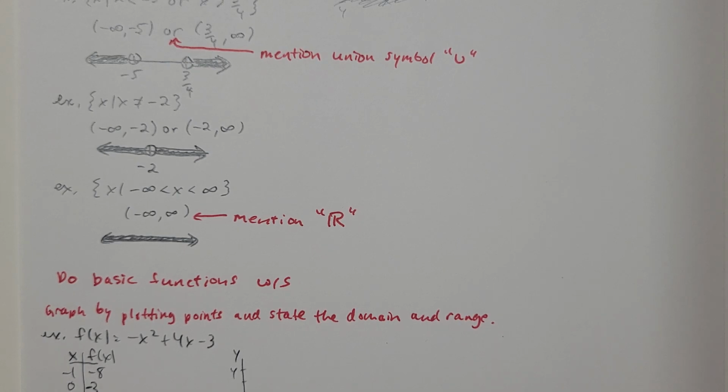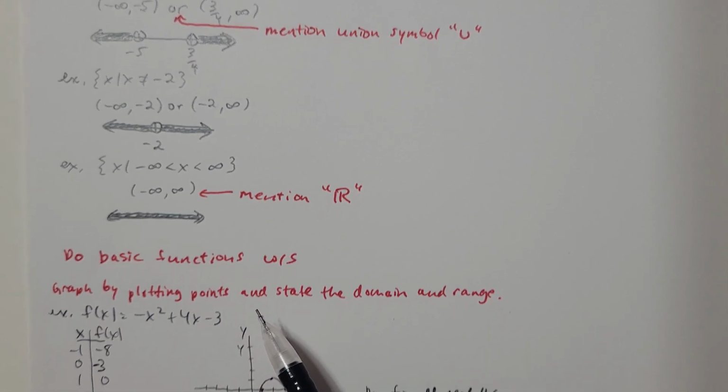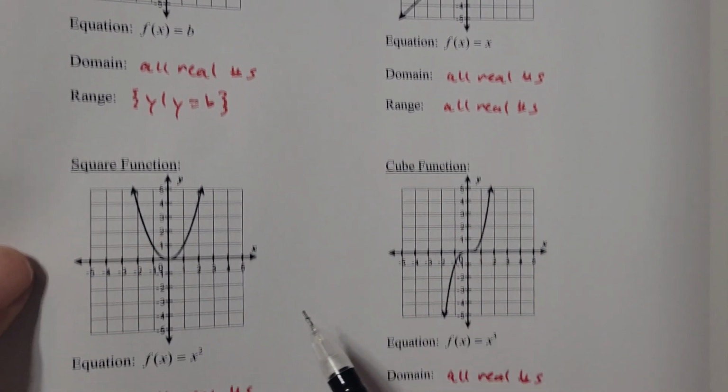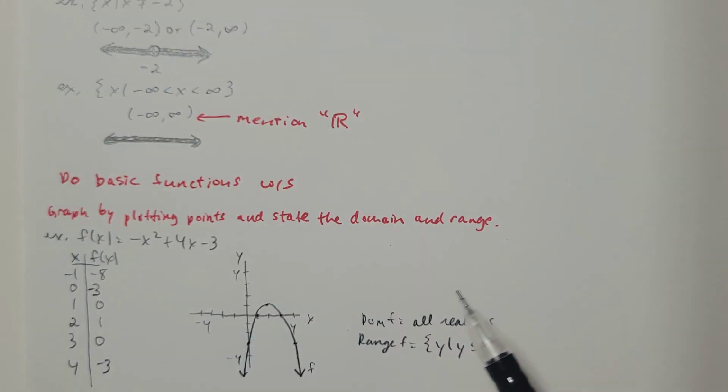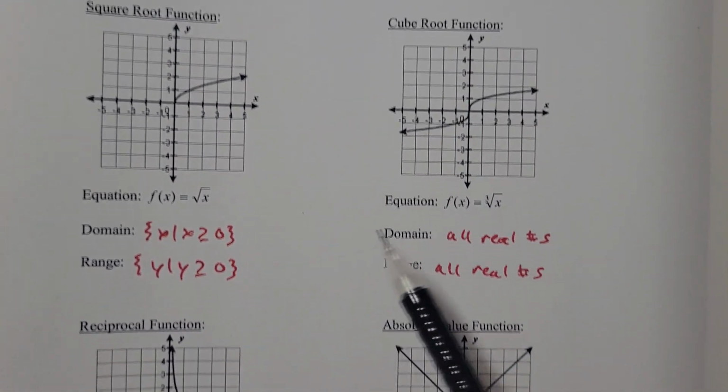Okay. The basic functions worksheet. So we already looked at that in the last video that I showed you. So that was the one where you had these functions here. These functions are not actually mentioned until this section, okay?